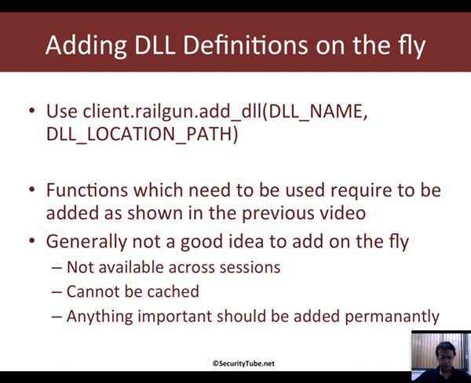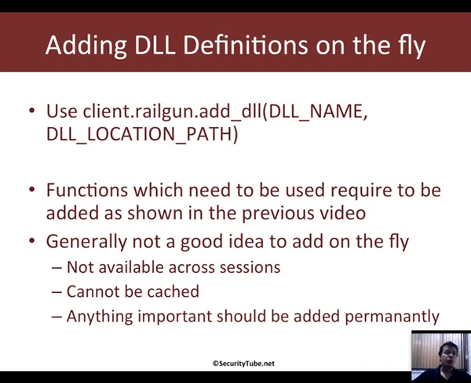Now, basically the whole idea really is that generally it's not a great idea to add DLL definitions on the fly unless it is absolutely required to do so. Simply because the framework has a lot of interesting and powerful features such as caching, which you cannot avail of if you go ahead and do runtime definition of DLLs.